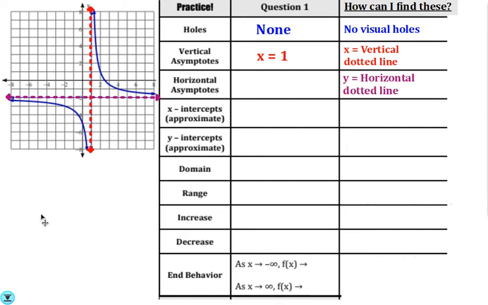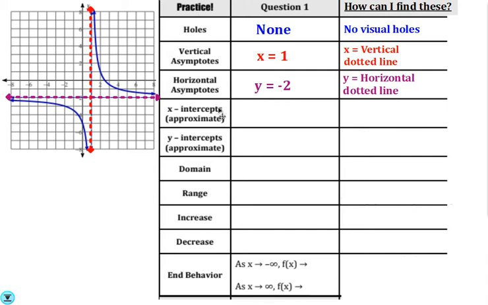Our horizontal asymptote is going to be y equals our horizontal line here that separates the two. So y equals -2. Again, these are lines that our graphs do not cross. They do need to be x equals and y equals because we are talking about a vertical and horizontal line. So those are equations for lines.